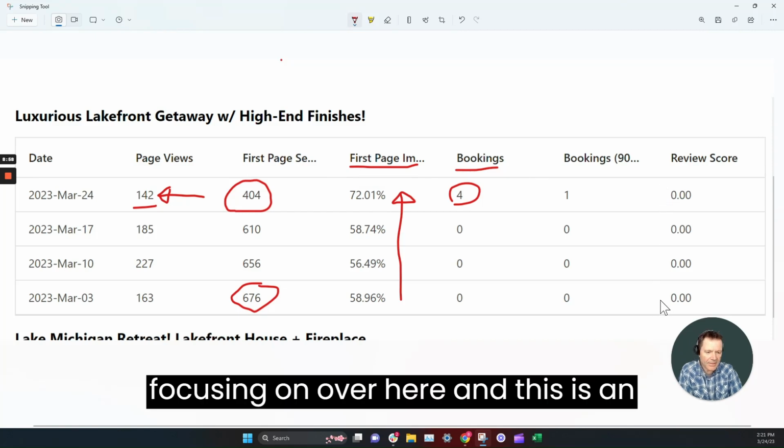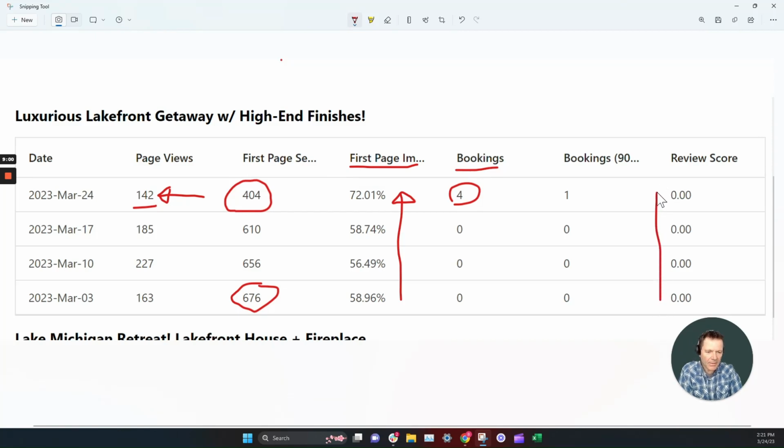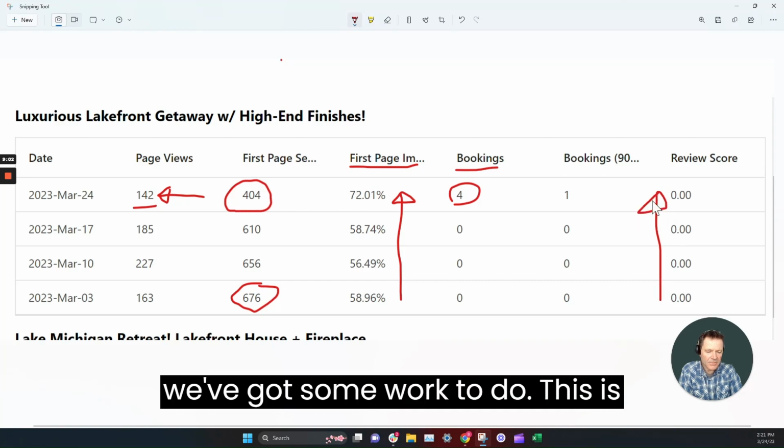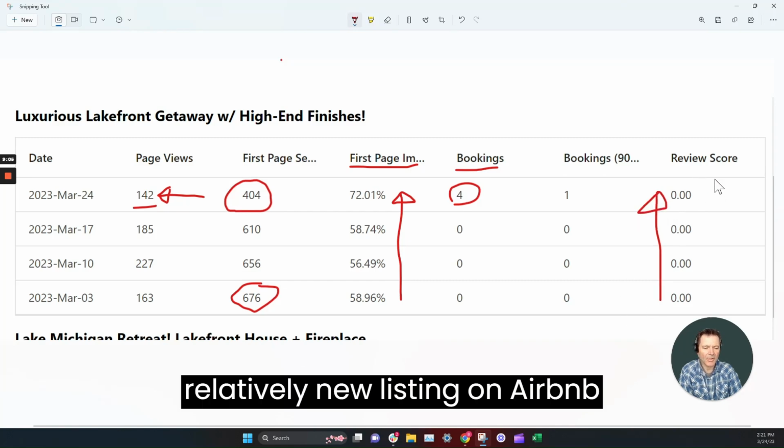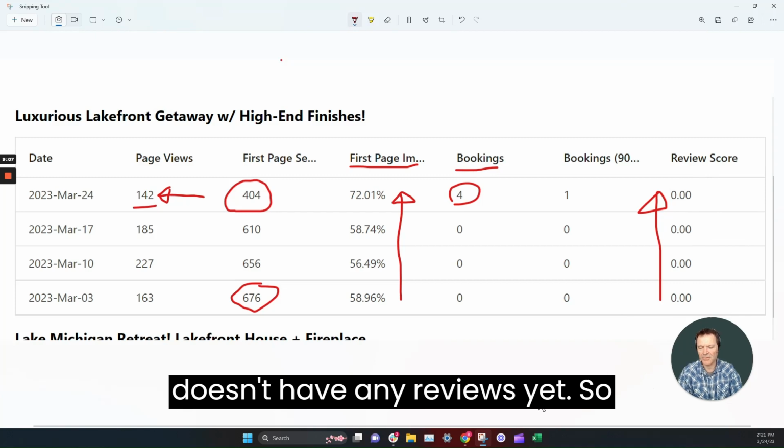Focusing on over here, this is an area where the owner knows we've got some work to do. This is a relatively new listing on Airbnb. It doesn't have any reviews yet.